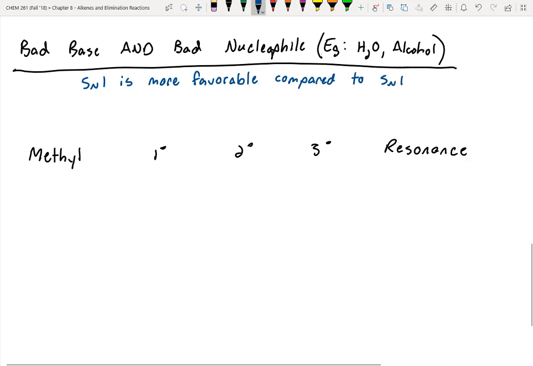Just briefly reviewing. Why is it more favorable over SN2? It's more important to have a good leaving group, and the nucleophile is not involved in the rate limiting step, right? So the nucleophile strength doesn't really matter that much. It doesn't increase the rate at all. All right? And then is E2 or E1 going to be more favorable? E1.